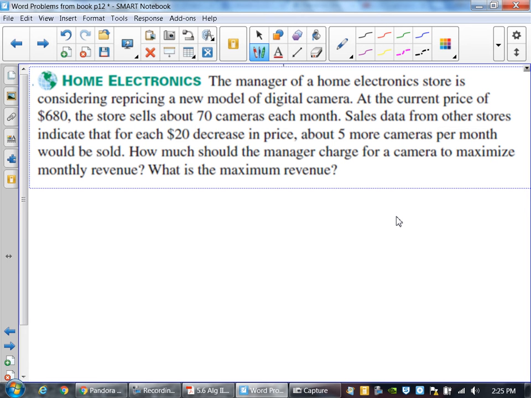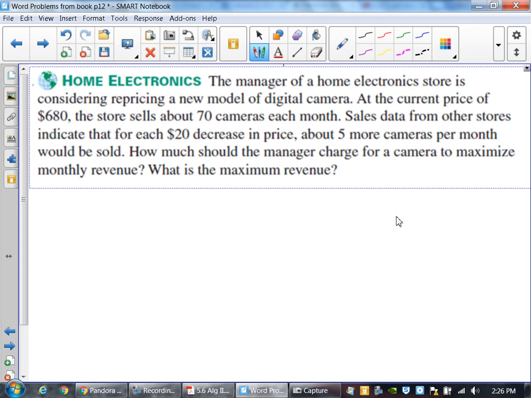At the current price of $680, they sell about 70 of them a month. Sales data from other stores indicate for each $20 decrease in price, roughly 5 more cameras are sold. What should they charge per camera to maximize the monthly revenue? Then what would the monthly revenue be?